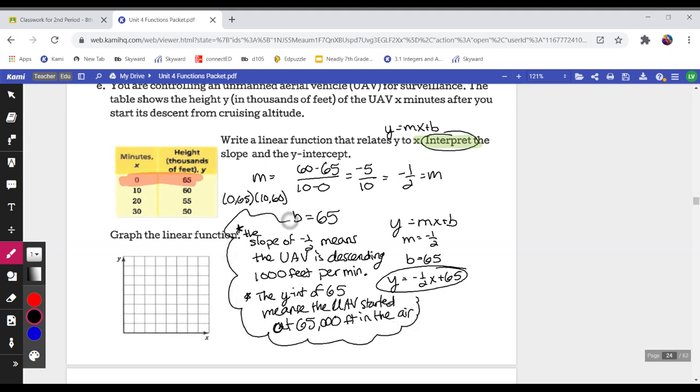Now, in case anyone is wondering why or how I knew that it is 65,000, it states over in the table that the height is in thousands of feet.